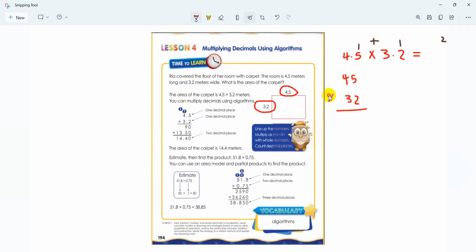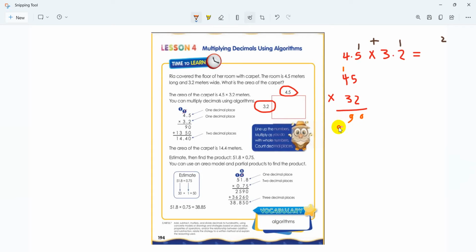Let's multiply them. The first thing, you have to multiply from the right side. We can use the regrouping method: 2 multiplied by 5 equals 10. We put 0 and carry up 1 here. Then 2 multiplied by 4 equals 8. 8 plus 1 equals 9.